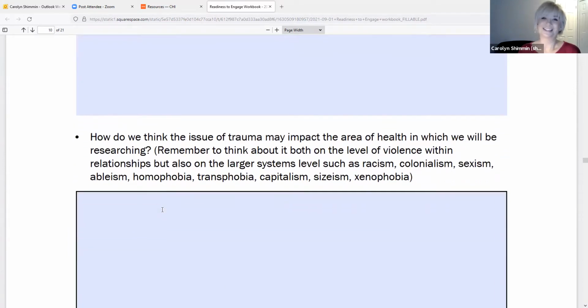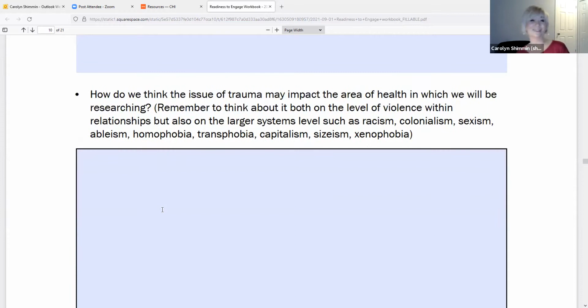How do we think about this? This is a tough one, right? We don't think about it a lot. But how do we think the issue of trauma may impact the area of health in which we will be researching? A lot of times when we're developing patient engagement strategies, I've had health researchers say, this is not a health issue where we need to use trauma-informed practice.